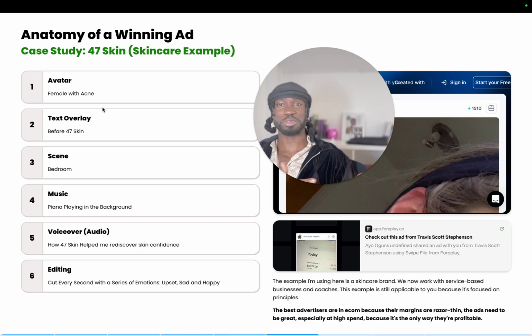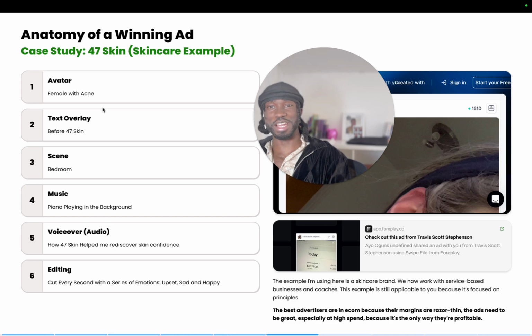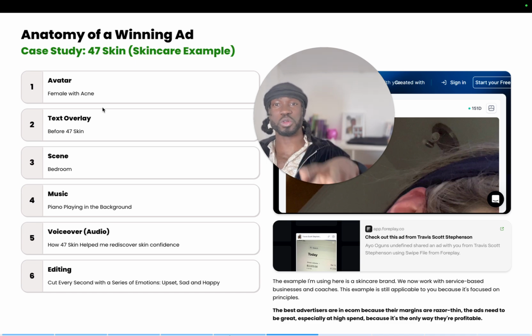You're probably going to be marketing to people who are not fit, but that doesn't mean the person in the video should be unfit, unless it's a testimonial. But if you're speaking from a place of authority, you want to have the identity of who they want to be, right? Okay, so that's a quick caveat with what we're talking about in the avatar.